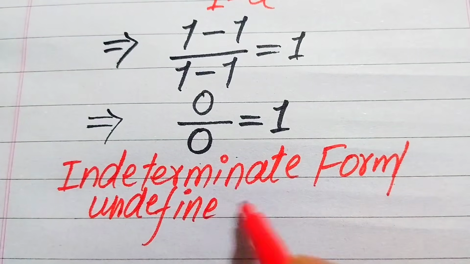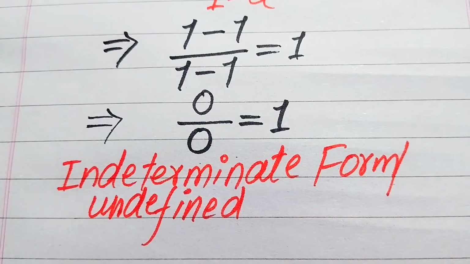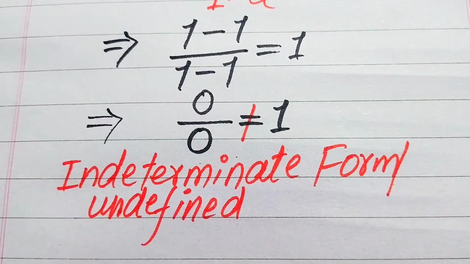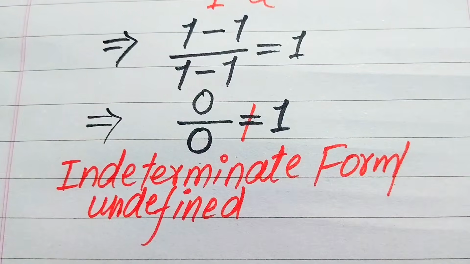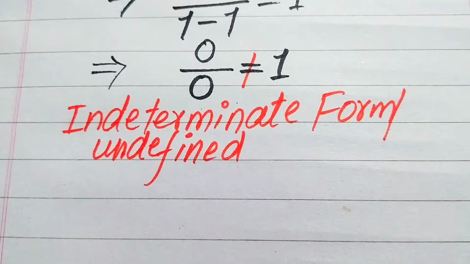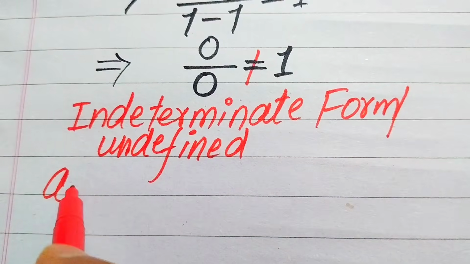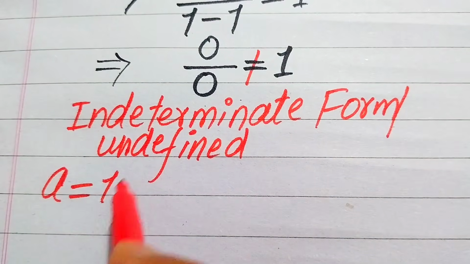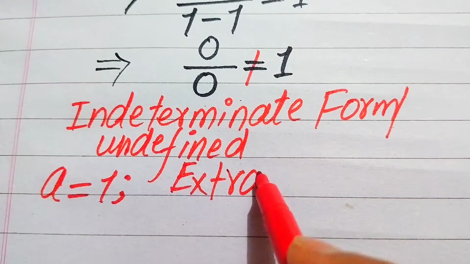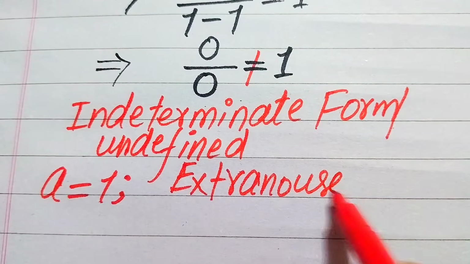If the left hand side is undefined, this means that both of the sides are not equal, and this concludes that the value a is equal to 1 does not satisfy our given question statement. So we call a equal to 1 the extraneous root of the given equation.